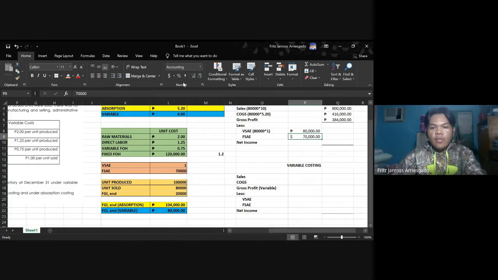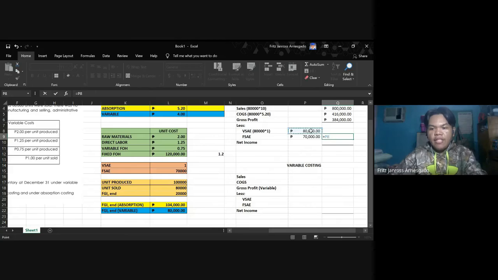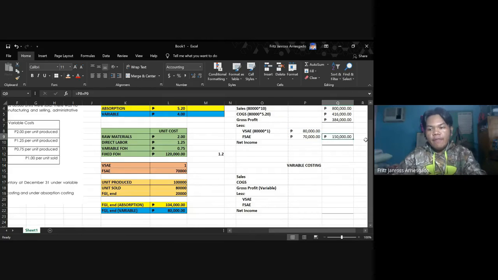To get your total selling and admin expenses, you add both. That's 150,000 pesos.